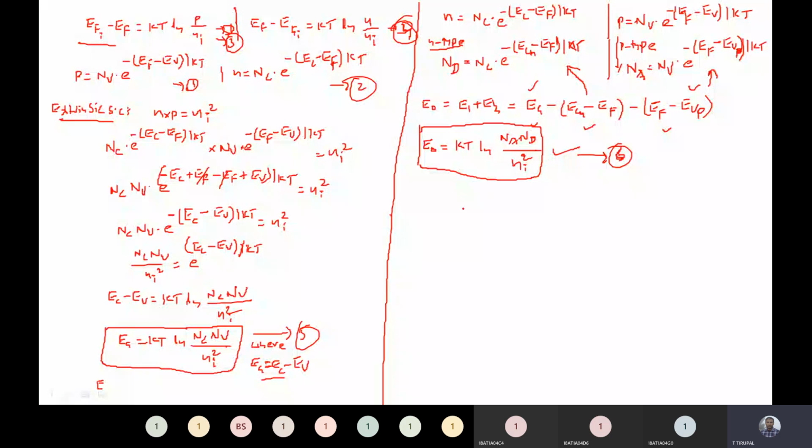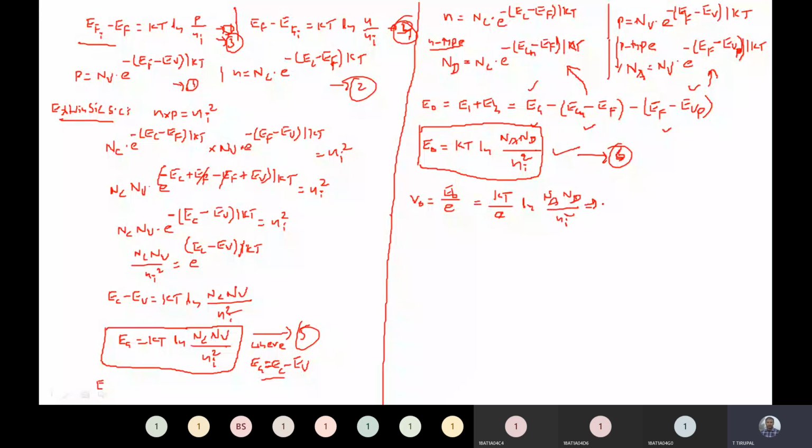V naught is equal to E naught divided by E. So what is E naught? The above equation, KT divided by E. Substitute this E naught equation here, KT ln Na Nd divided by Ni square.